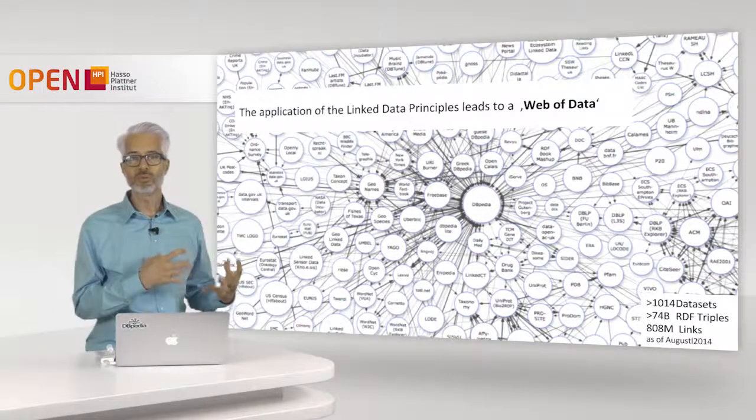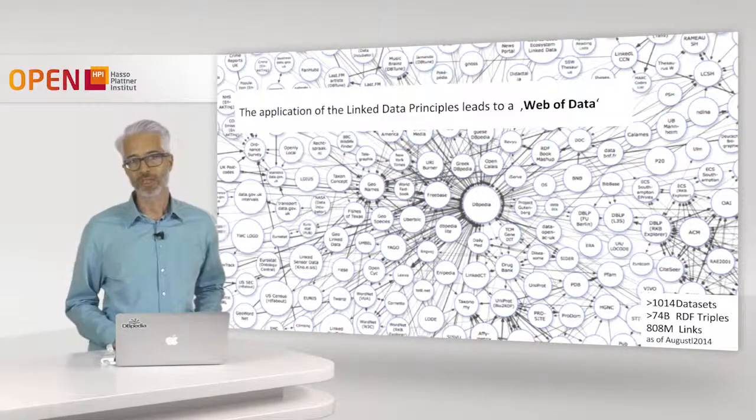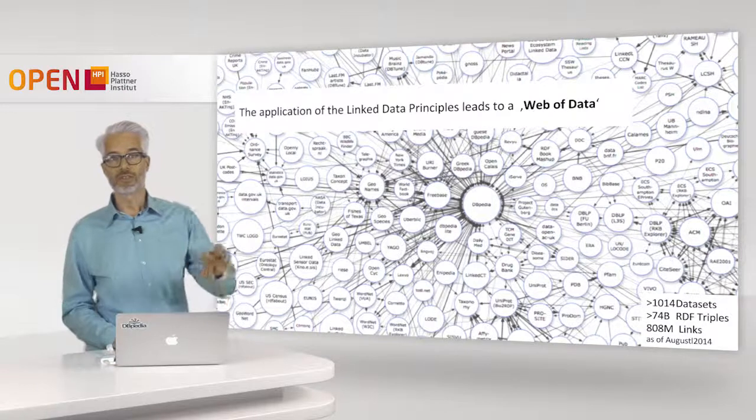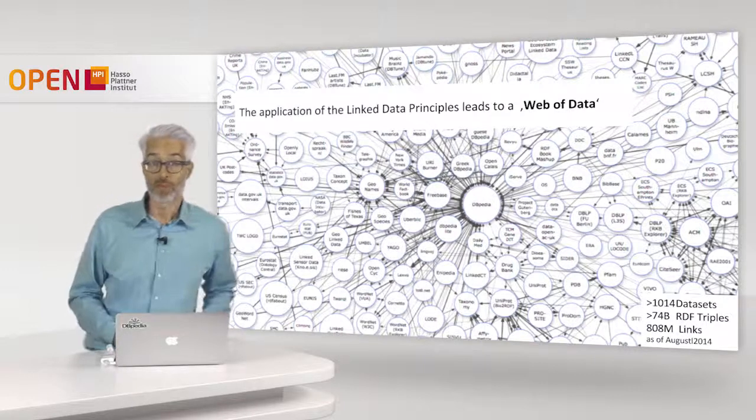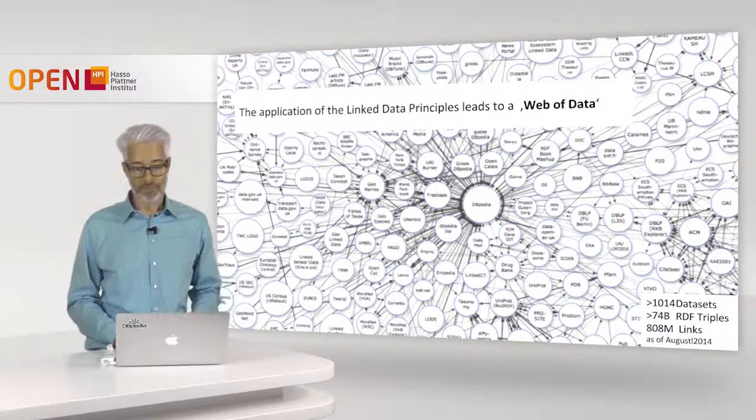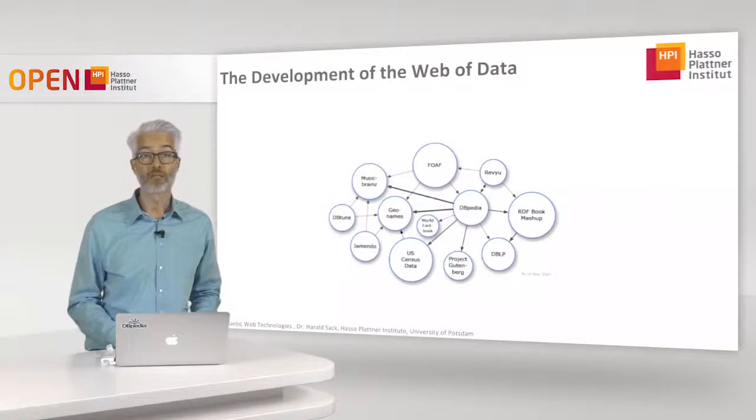So this is a huge amount of data that you can use here. And on top of that data, later on in the lectures, you will see how we can do some knowledge mining and knowledge discovery. Okay, so this is the web of data.